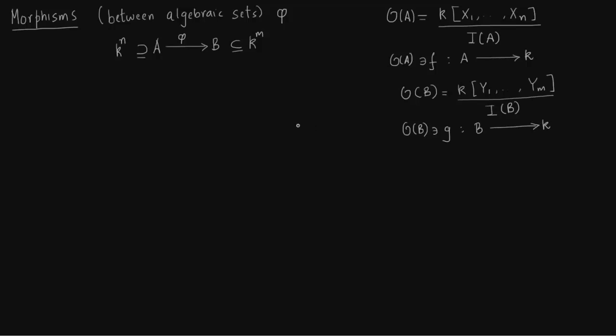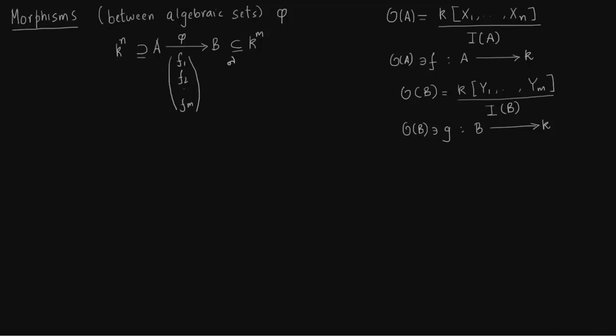If it does not lie in the ideal of B, you're just evaluating it at certain points basically. So B consists of m-tuples of points, you evaluate the polynomial at those points and you end up with an element of K. Just a polynomial in m variables evaluated at those points. You're given values of y1 to ym and you just plug in and you get a value in K. That is what it means.